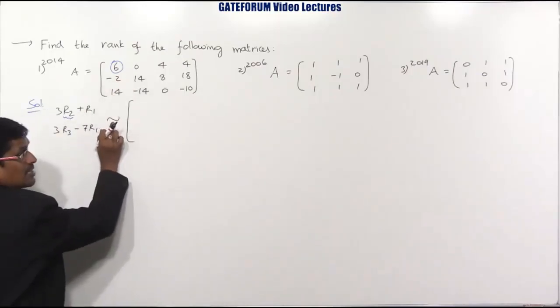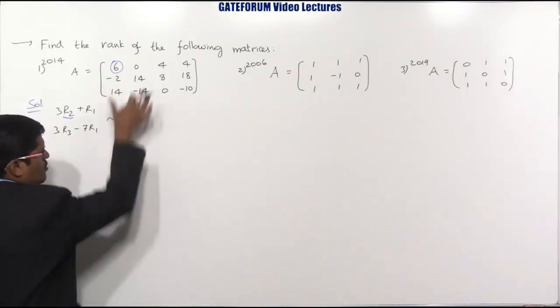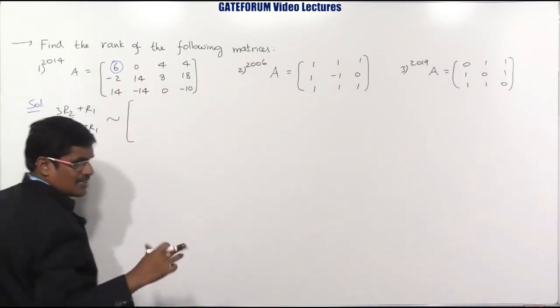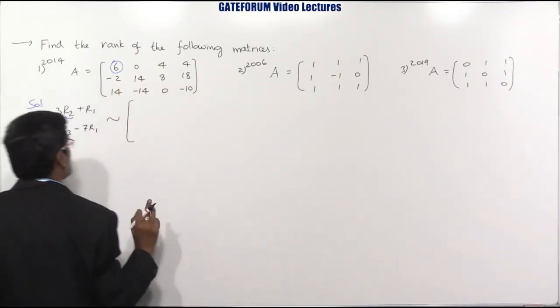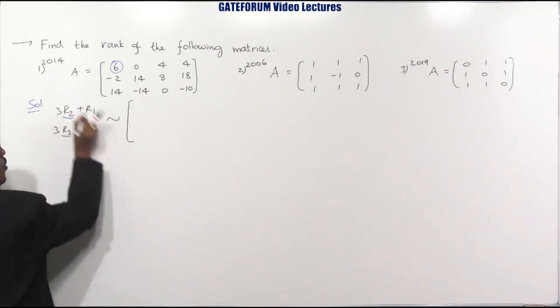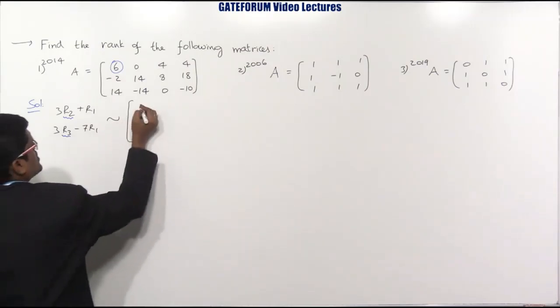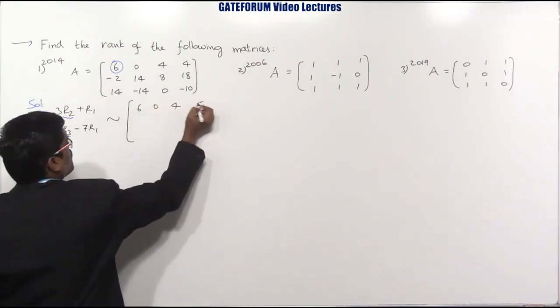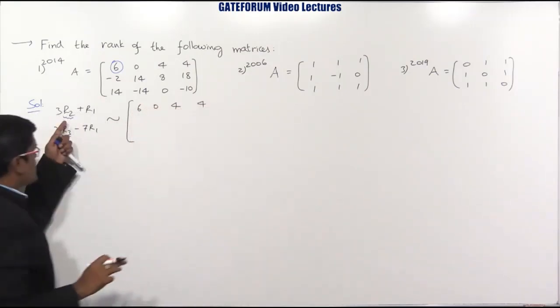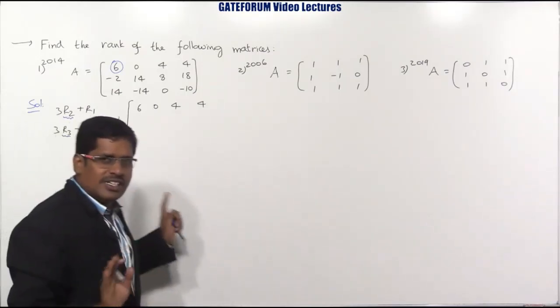It doesn't matter about writing all this, because your final answer, whether it is in ABCD options or a numeric question, is what you have to see. So R2 and R3 change according to these row operations. R1 remains the same: 6, 0, 4, 4. R1 doesn't change, because I mentioned R2, R3 change according to these row operations.